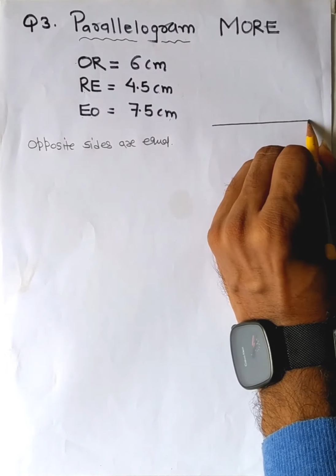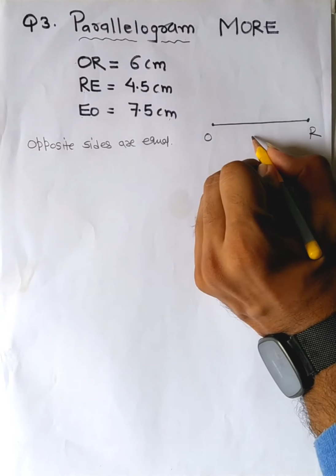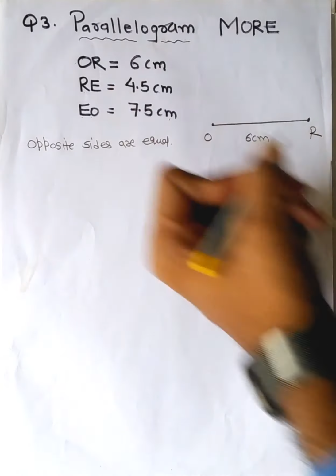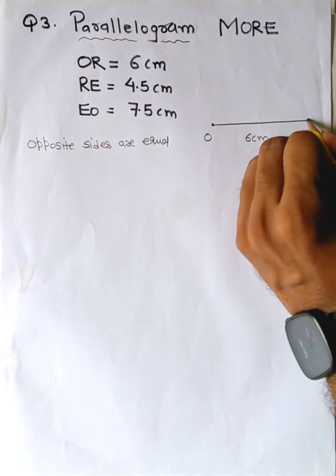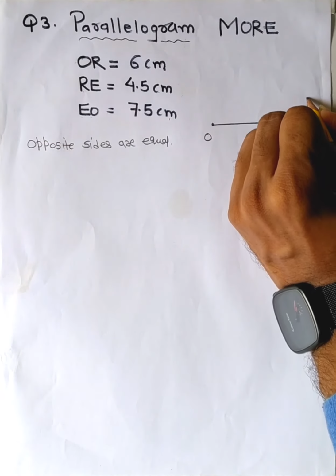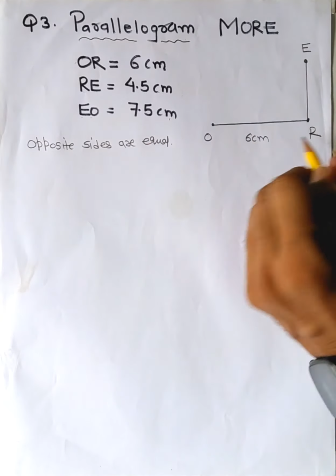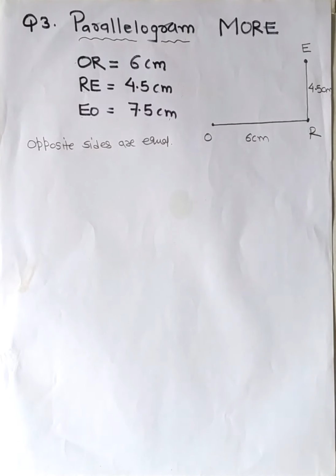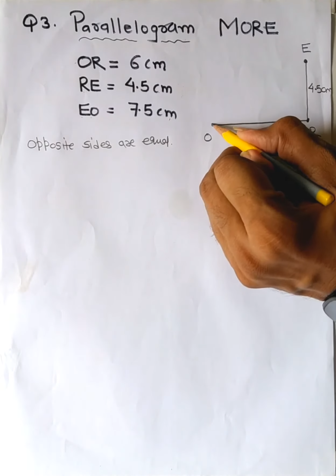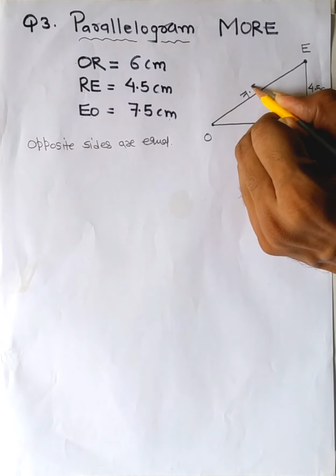So if we start with OR, see here we have OR as 6 centimeter. The front side will also be 6 centimeter. But what next is given is RE, that is another side, and that is given 4.5 centimeter. Now EO is given, that is 7.5 centimeter.